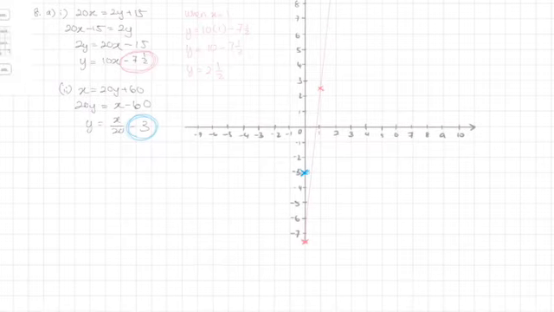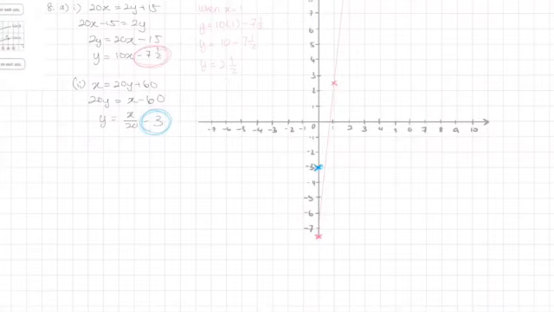And let's try the blue one. When x is equal to, oh, this is a little bit difficult. Let's say x is equal to 1. 1/20 minus 3.